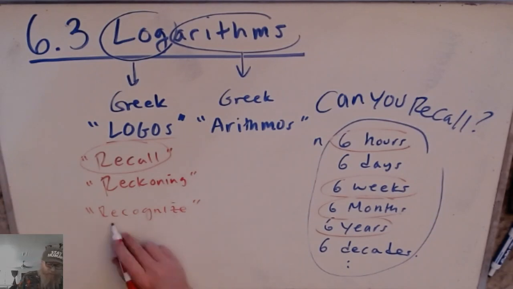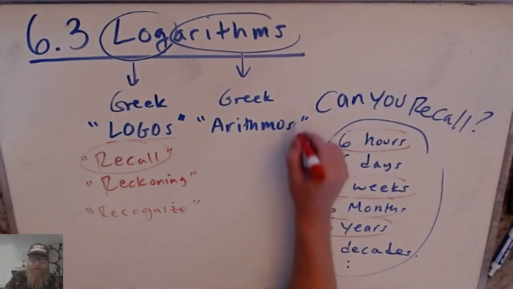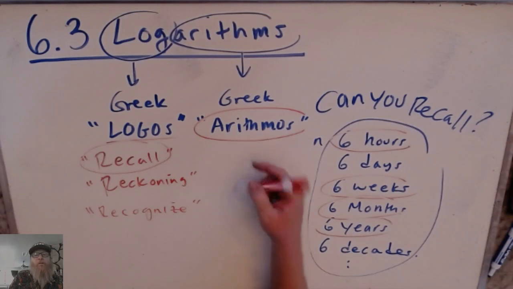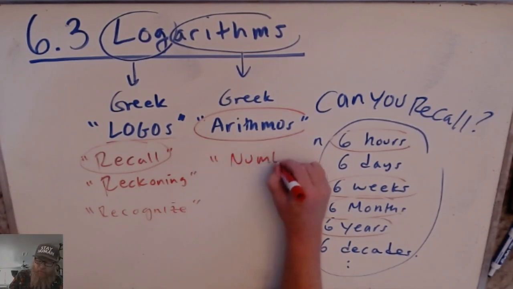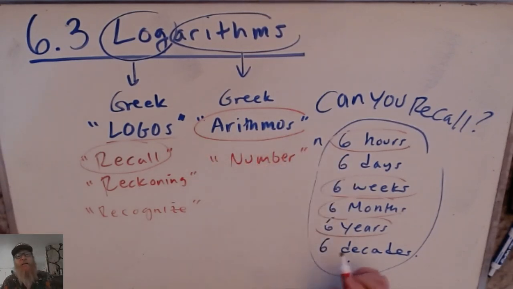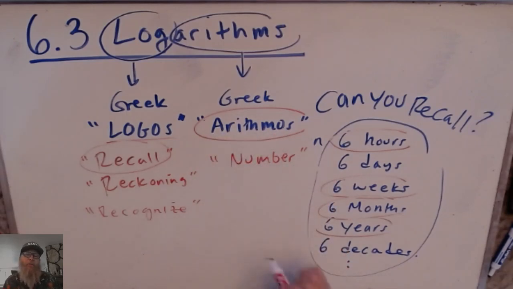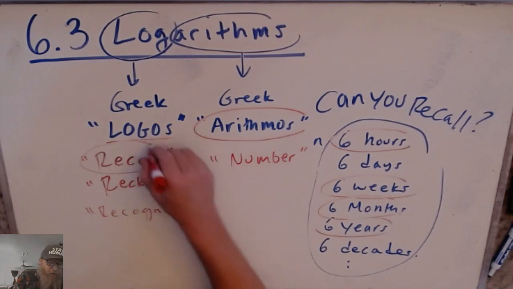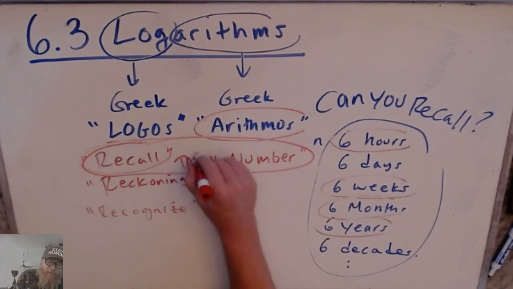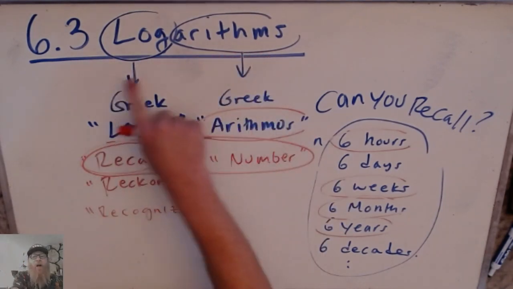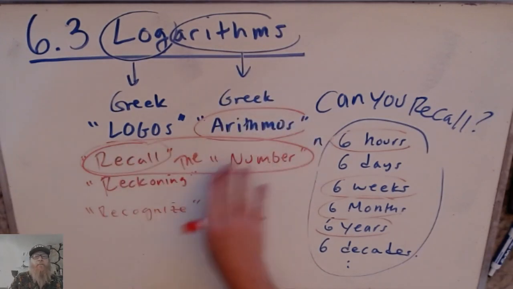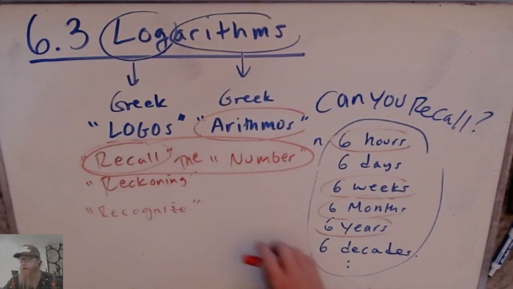Yeah, did I spell that right? And then arithmos, I think the word origin of arithmos is pretty easy to remember. It's where we get the word arithmetic from. The Greek word arithmos means number or numbers. So literally, logarithm, logos arithmos, means to recall the number.